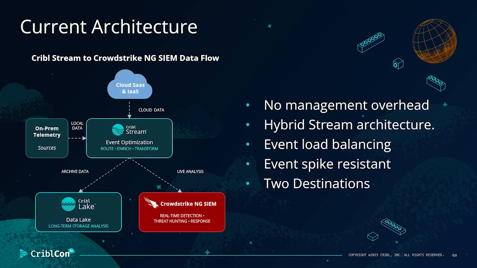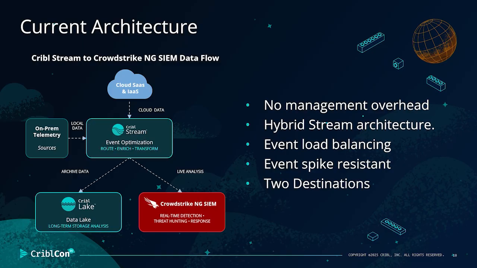So again, this is a summary of the architecture, but this is actually what we ended up with. We still have all of our cloud infrastructure, our SaaS products, everything that we have on-prem. We have a hybrid architecture with Cribl, which means that there is infrastructure on Cribl Cloud, and there is also infrastructure on our on-prem and our cloud infrastructure as well.